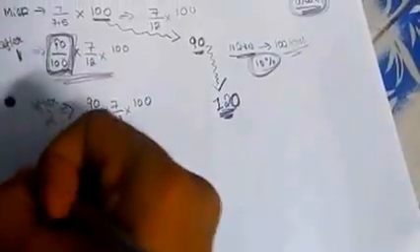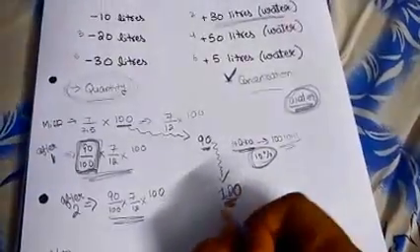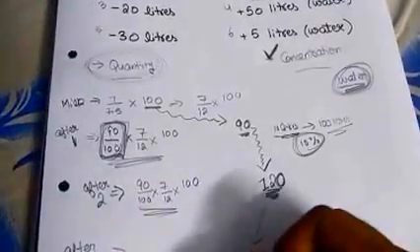So now let's talk about what happens after activity 3. Now your volume, because you removed 20 liters, is 100 liters.